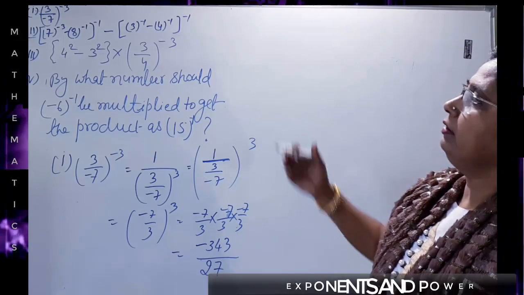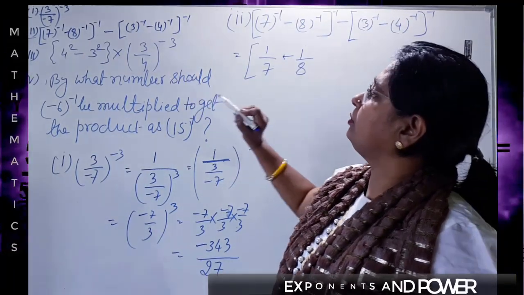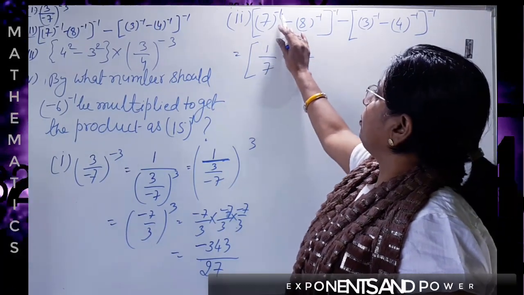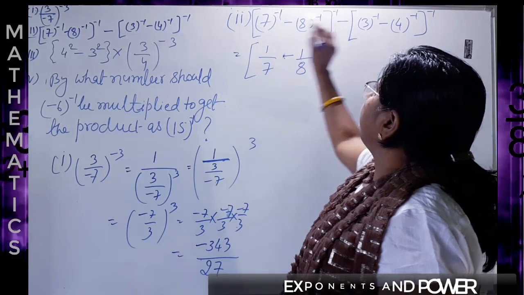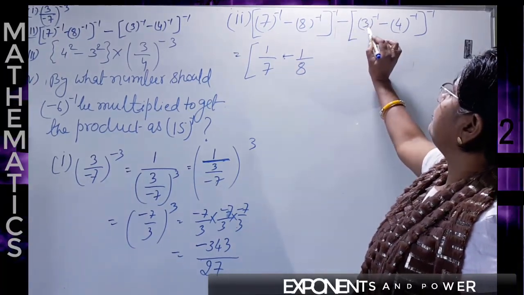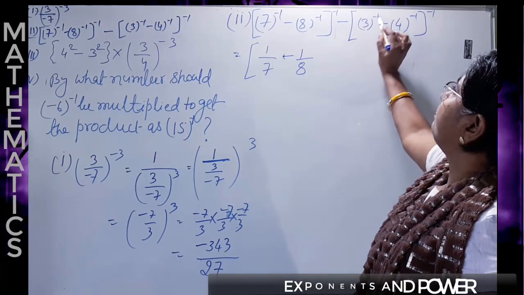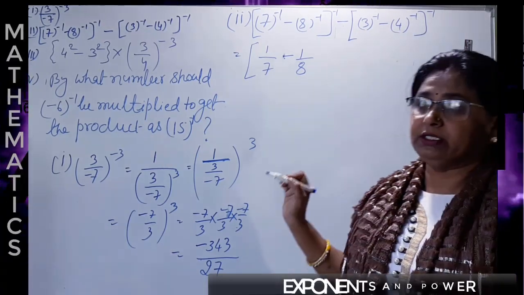And similarly, now going to a more difficult one. The second question is (7 to the power minus 1 minus 8 to the power minus 1) whole to the power minus 1 minus (3 to the power minus 1 minus 4 to the power minus 1) whole to the power minus 1.